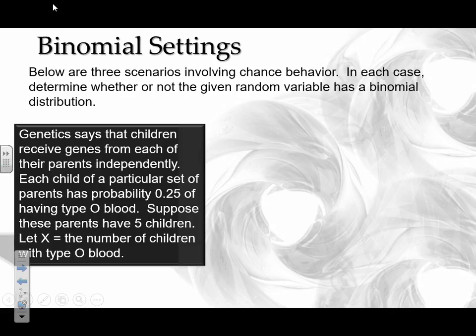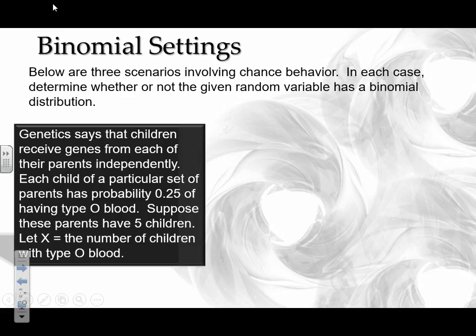You can be type O, type A, type B, and type AB, right? There are 4 different blood types out there, but in our particular setting, we are only concerned with whether the kid has type O or not. Does that make sense? So there are only 2 outcomes. Success, they have type O. Fail, they don't. Okay, so that's condition number 1.